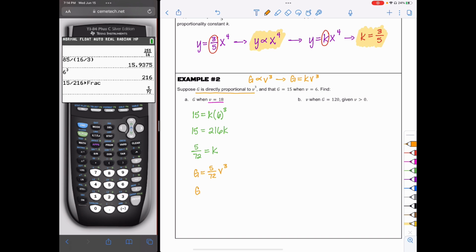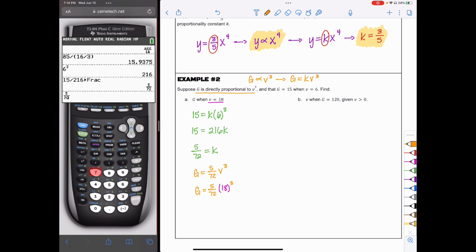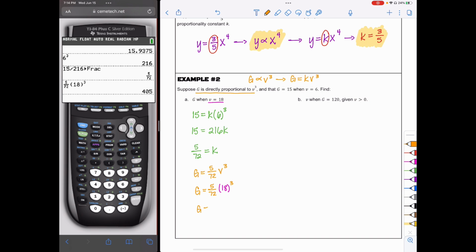So I'm going to have G is equal to 5 over 72 times 18 to the third power. I just put that in the calculator, and I will end up getting 405. So that means that G will be equal to 405 whenever V is equal to 18.